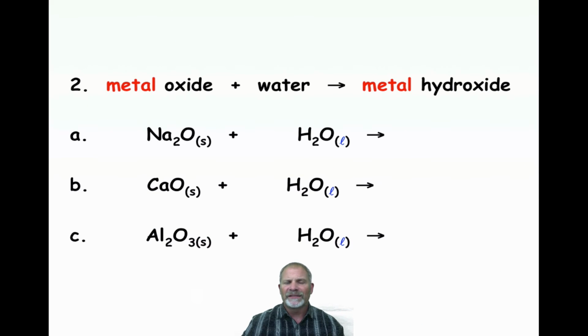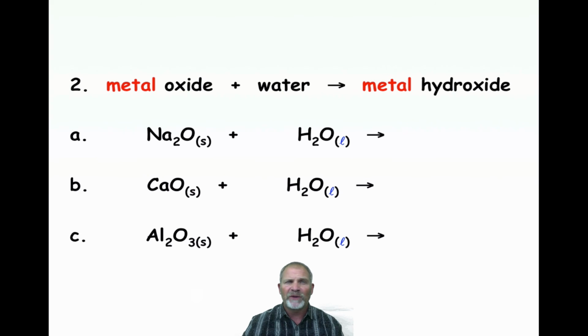Another form of synthesis, another example of this one, is unique because there are actually two compounds. The first one was easy to recognize because there are just two individual elements. The only thing they do is come together and form a compound. Well, here I have two compounds, and you don't want to confuse it with double displacement, which we're going to get to.